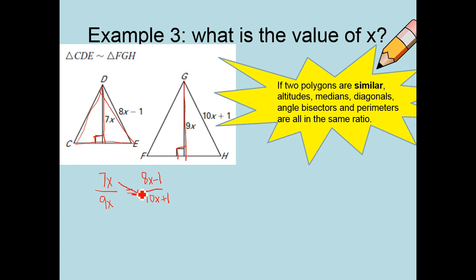Now, once we set up those sides, here's where the algebra comes in. If I cross multiply this way, 7x times 10x plus 1, 7x times 10x would be 70x squared, and 1 times 7x is another 7x. And cross multiplying this way, 9x times 8x would be 72x squared, and 9x times 1 is negative 9x.